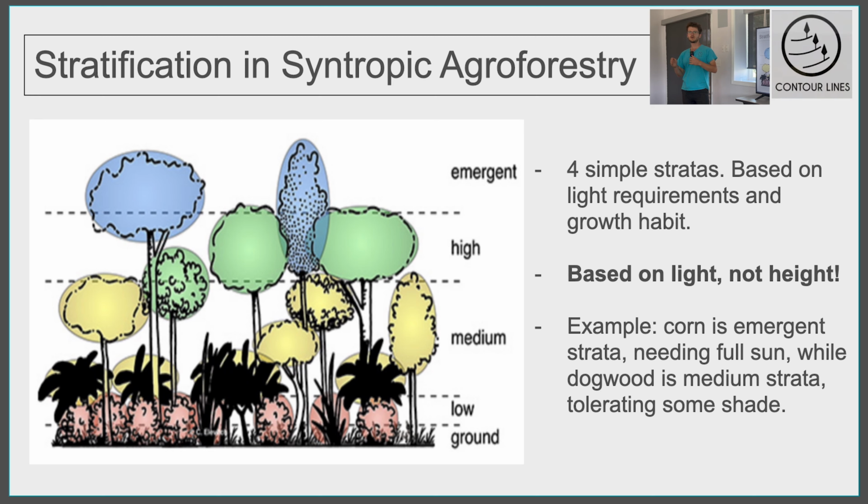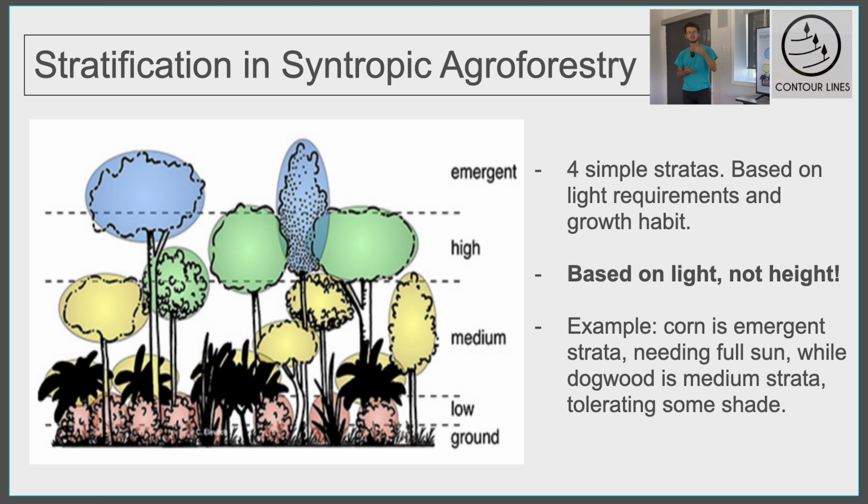I thought it was about, and it often is about, the size of the tree. Like, oh, it's a big tree, it must be high strata, the high layer. Or if it's a small tree, it must be low. But it's not necessarily the case. It's more about light, not height.